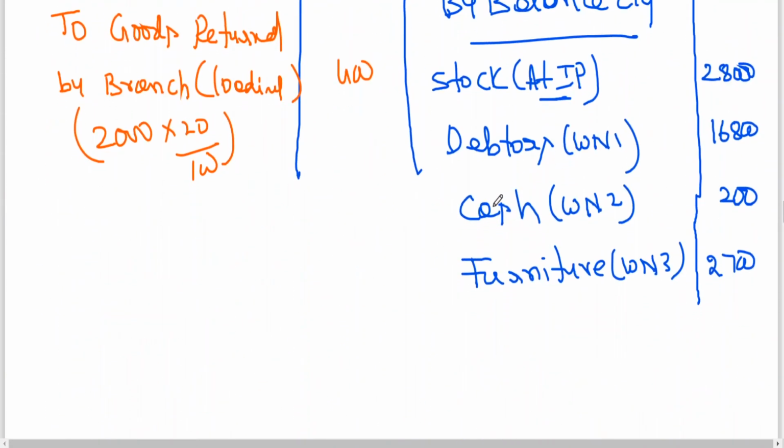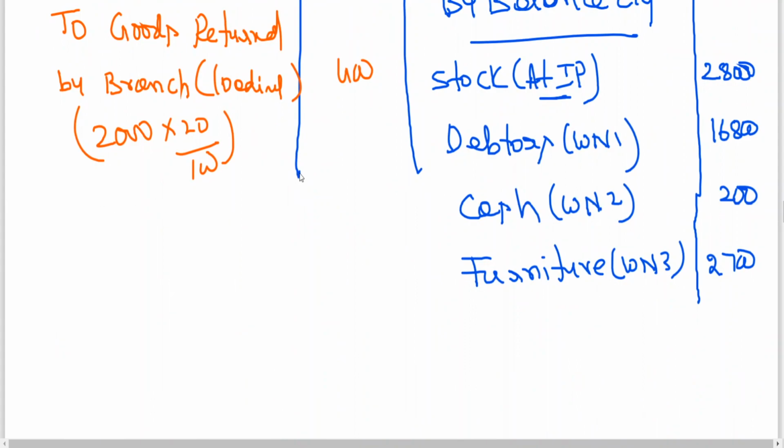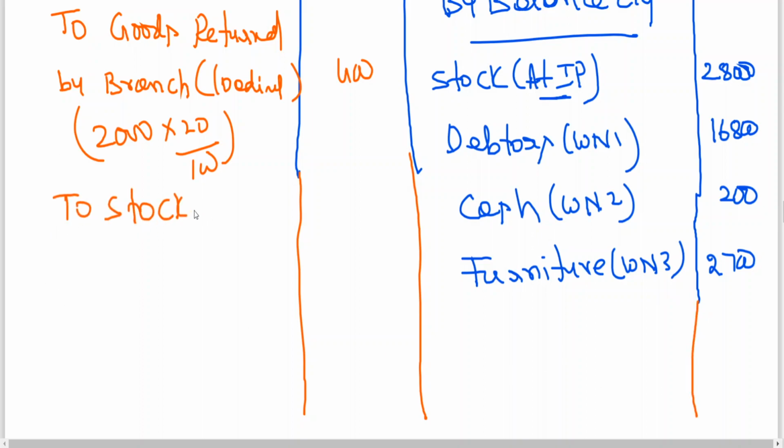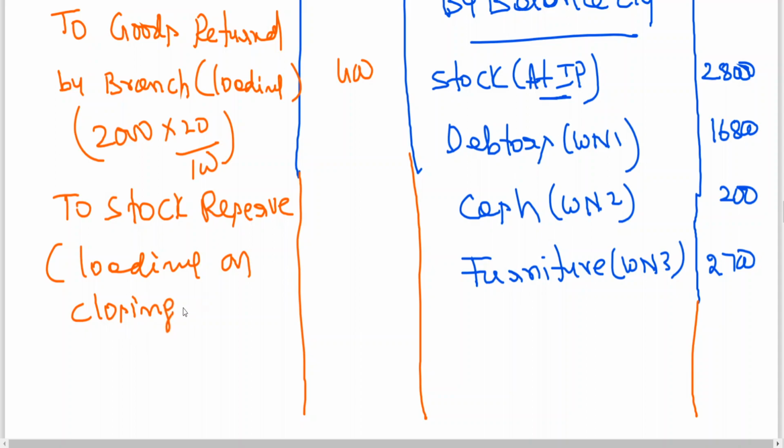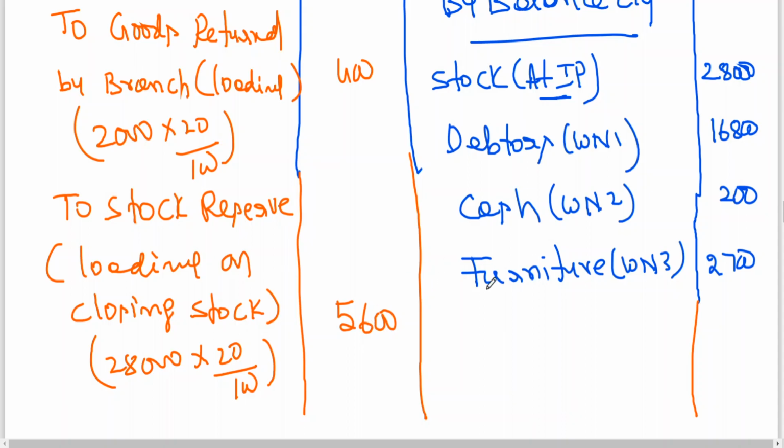Finally, to stock reserve, loading on closing stock. 28,000 at 20%, 5,600. So we got loadings completed.